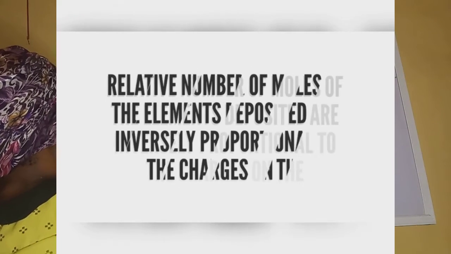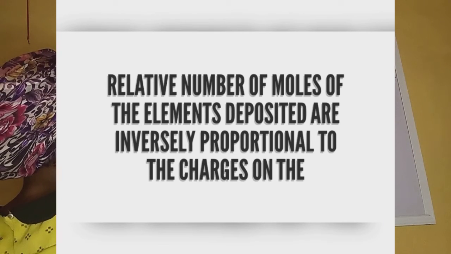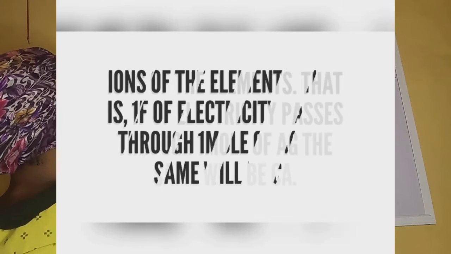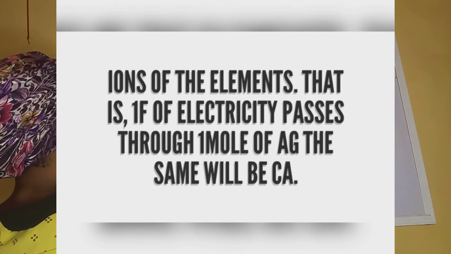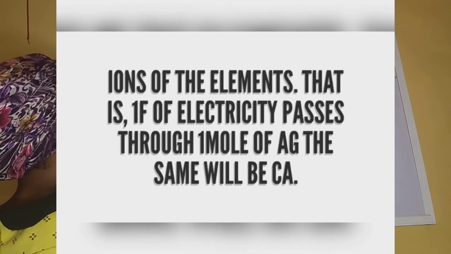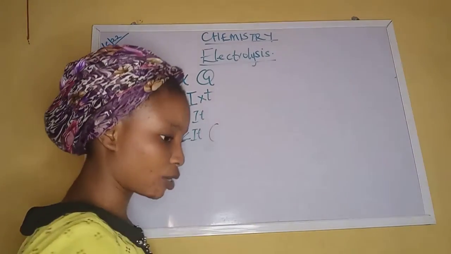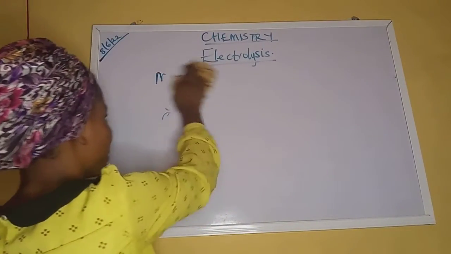And automatically, that gives us M directly proportional to Q. Mathematically, Q is the same thing as current, measured in amperes, times time, so Q is IT. Therefore, M is equal to ZIT or EIT, where E is a constant of proportionality. That is all about the first law.